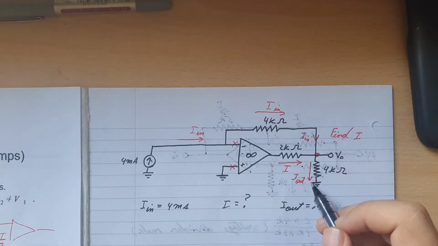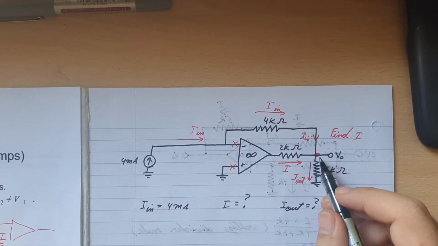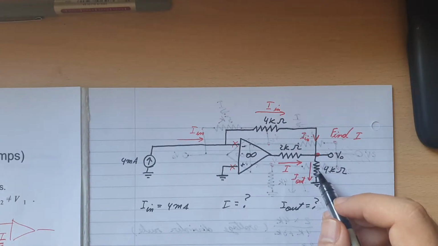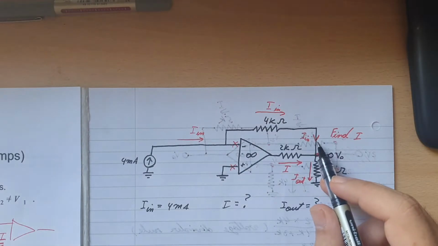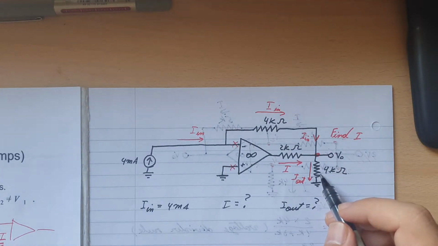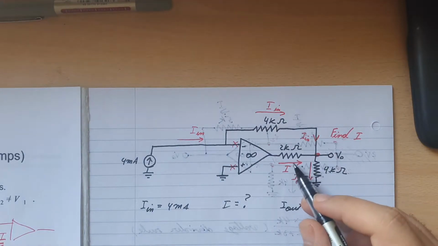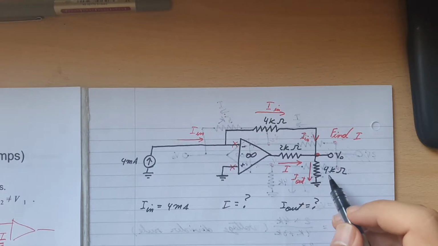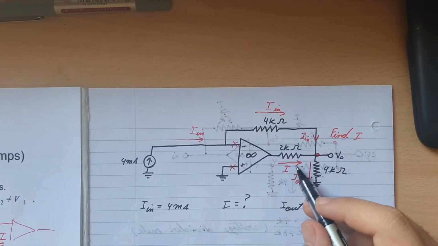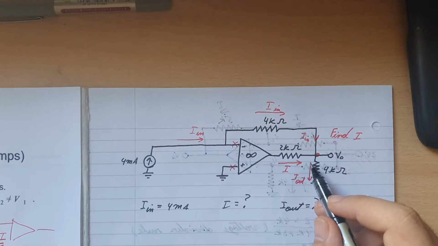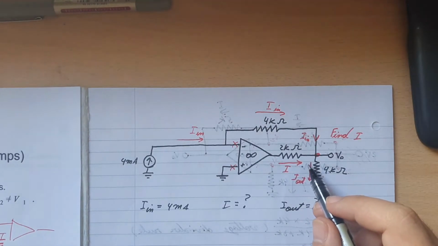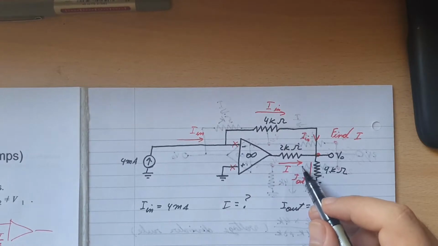Because two currents are coming in, that's fine, but it's I out coming out on that direction. Alright, so then this will be 4 milliamps, and we multiply by the 4k, but this one will become a negative current. Let's try both ways and see if it works.